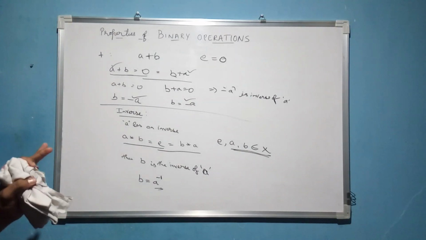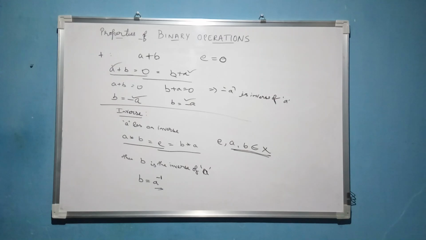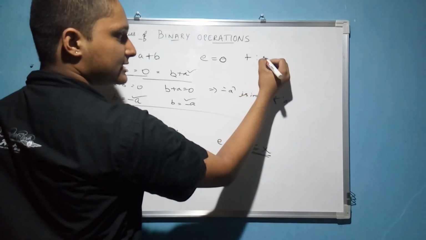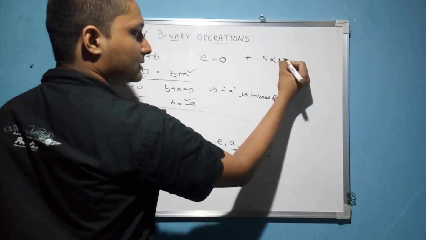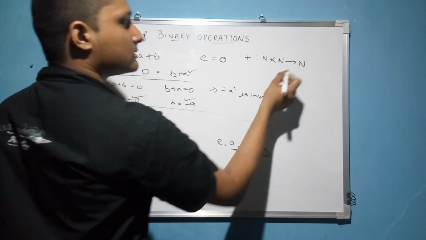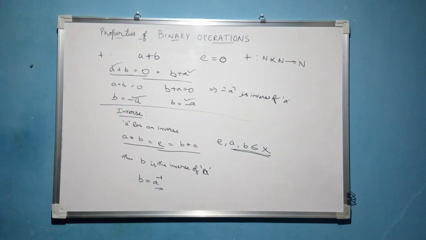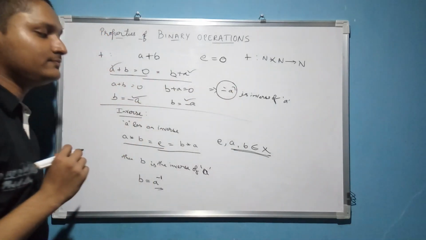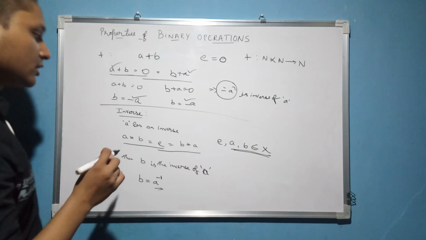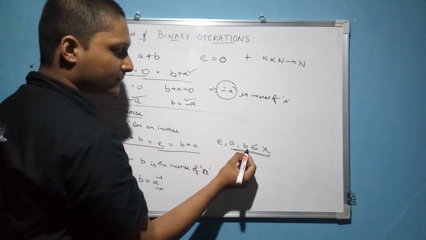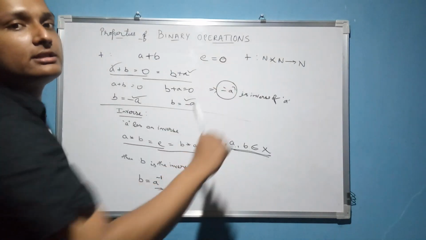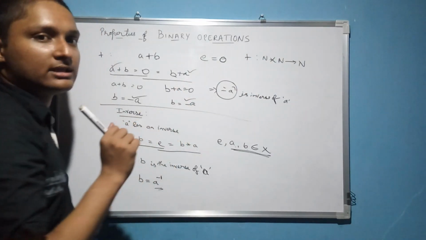This is true only if we are considering the set of real numbers or integers or any other set like that. If I consider plus as a binary operation from the Cartesian product of the set of natural numbers to the set of natural numbers, then in such a case, minus A will not exist. Here A and B should be belonging to the given set, which in this case is the set of natural numbers.